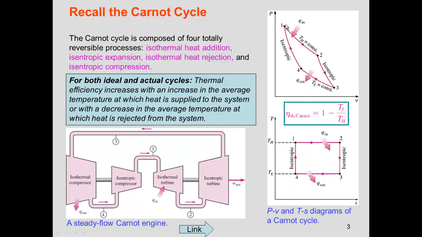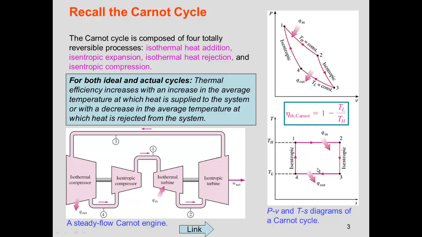By adding heat isothermally, we increase its volume and we increase its entropy. Then we have an isentropic expansion, in which we reduce its temperature and increase its volume further, and finally we reject heat isothermally, so we reduce volume again and reduce entropy, and we start over again.